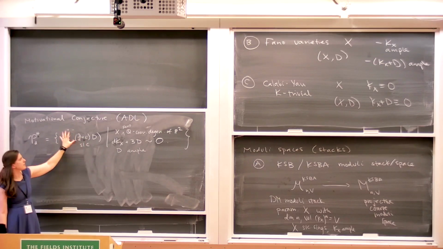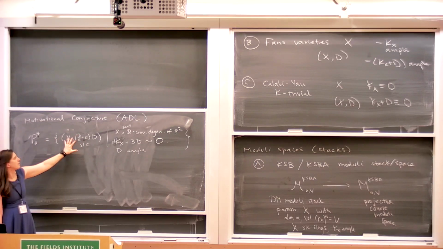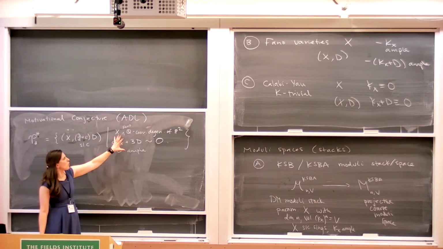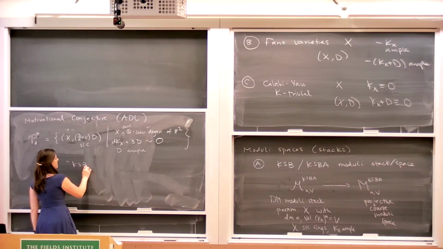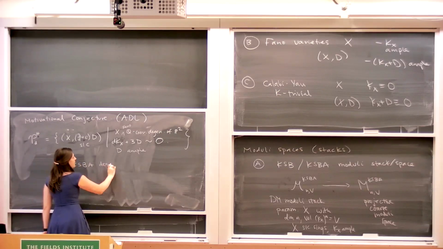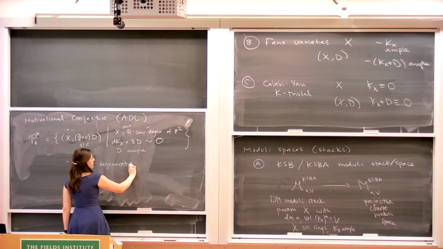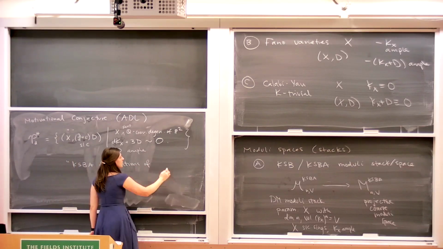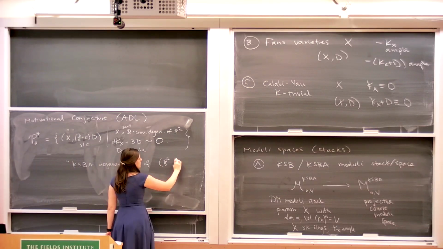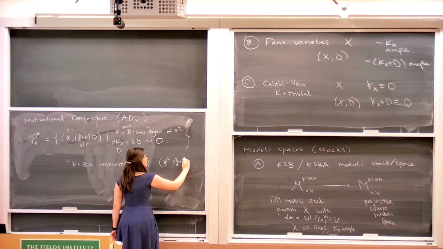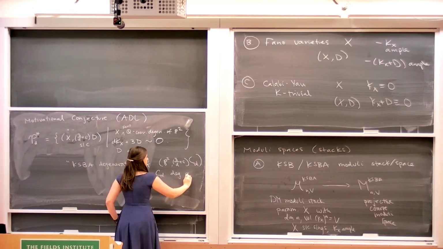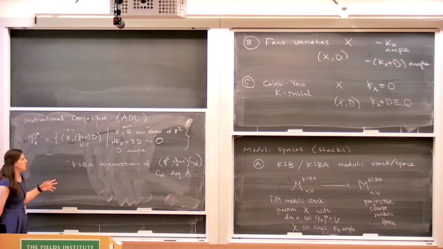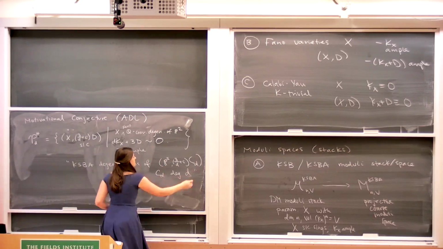And it parameterizes all of the pairs that essentially arise as degenerations. So one could think of this as KSBA degenerations of the pair P^2 and some degree d plane curve. So this is a KSBA moduli stack of these objects.